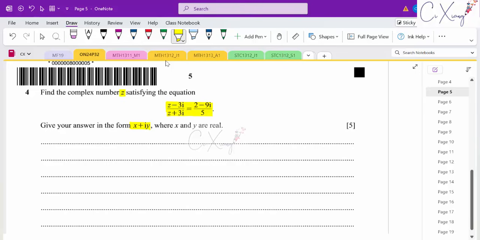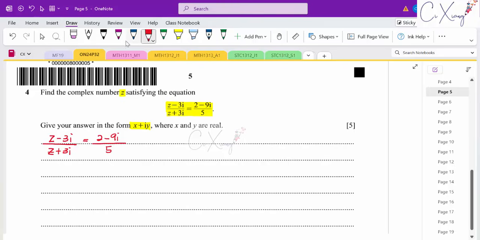There are two ways for you to solve it. The first one is you either get rid of the denominator first for the equation. Okay, equals to 2 minus 9i divided by 5.